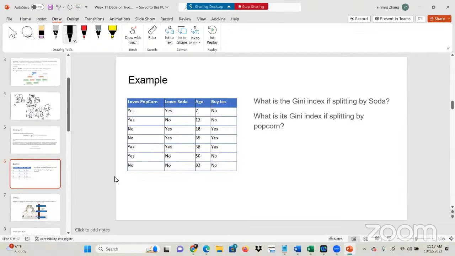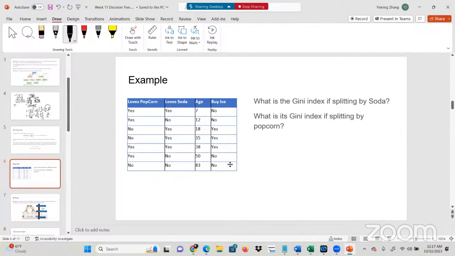We can look at this example, okay? How can we calculate the Gini impurity? In this example, we have a data set and the target variable is that we want to find the people who will buy ice cream or not. There are 3 cases who bought ice cream and 4 cases who didn't buy.